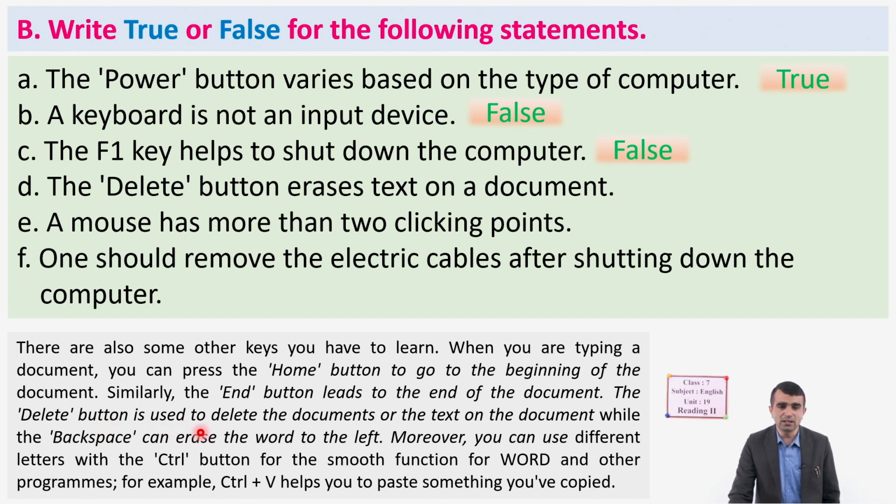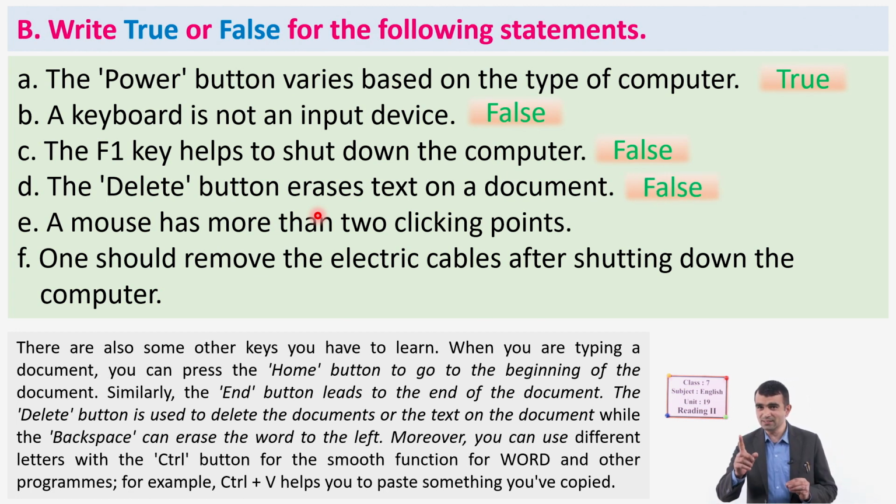The delete button is used to delete the documents or the text on the document, while backspace can erase the word to the left. So backspace is used to erase the text. Delete is used to delete the document. So what is given here? Delete button erases text on the document. Right or wrong? Exactly, that is not right. What button is used to erase document? Backspace. Very good.